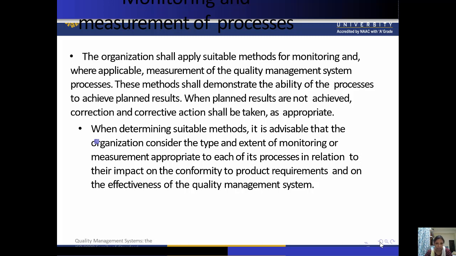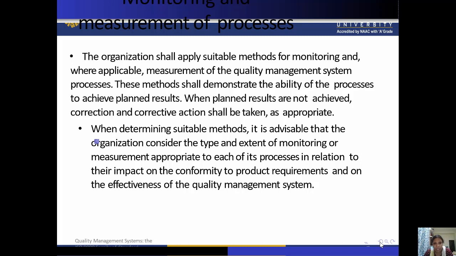These methods shall demonstrate the ability of the processes to achieve the planned results. When planned results are not achieved, corrections and corrective actions shall be taken as appropriate.